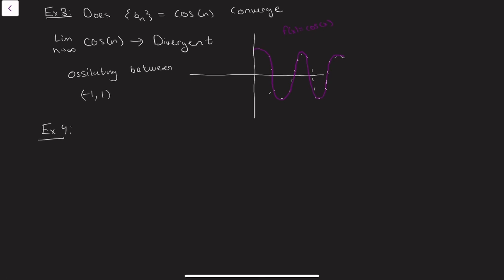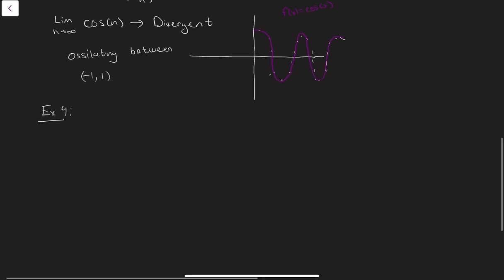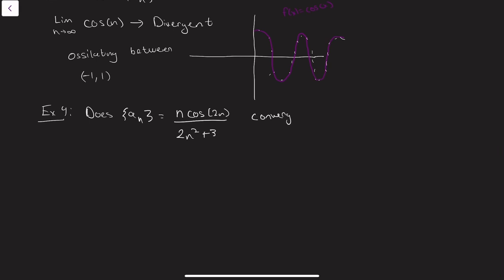We've done a few easier examples, but let's step up the complexity a bit. Does our sequence a of n, which is equal to n cos of 2n all over 2n squared plus 3, converge?